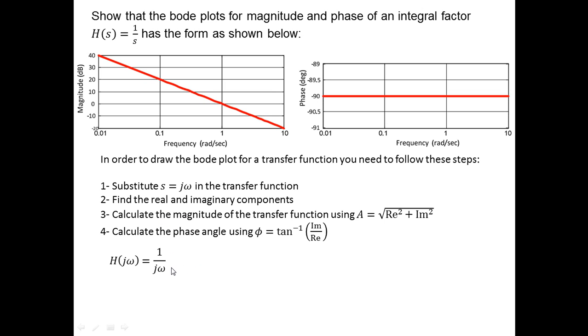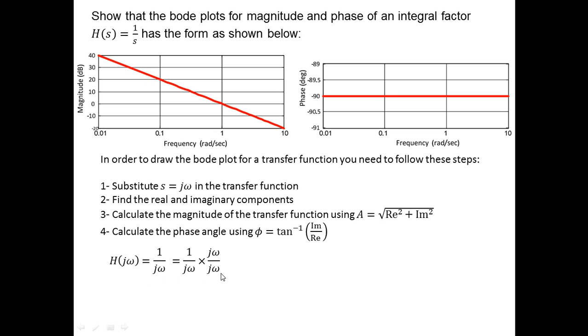In order to find them, I multiply the transfer function H(j omega) by j omega over j omega in order to get rid of the j in the denominator. You need to keep in mind that in order to find the real and imaginary parts, we need to get rid of the imaginary part in the denominator. We need to have just the imaginary part in the numerator.